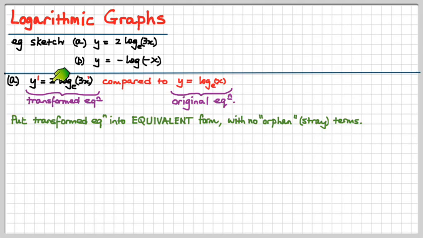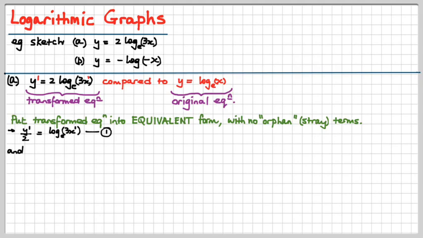That's what they have to be doing. If they're just sitting out here, swanning around, stuck out in front of a log term or a sine term or something like that, they don't belong there. They're orphaned. They need to go back to mummy or daddy, to home base. Yes? So really, if you rewrite that out in equivalent form, it'll be like that.